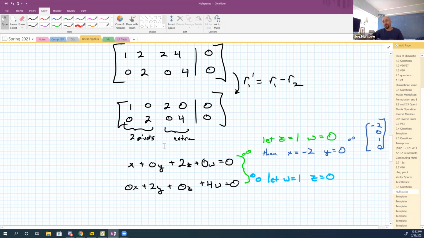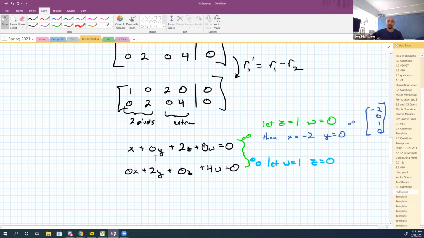If this was the 2x4 zero matrix, then I would have no equations and four unknowns, so I would have all four free variables. It's possible I would have two copies of the same equation, then I'd have three free variables. Or in this case, I might have two, which is the least I can get. You recognize that?